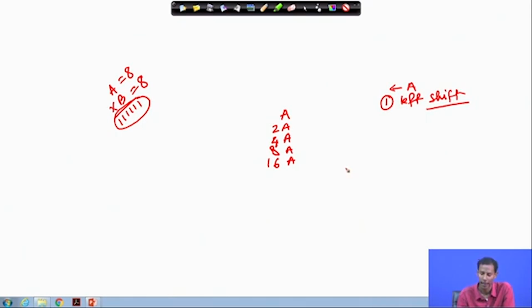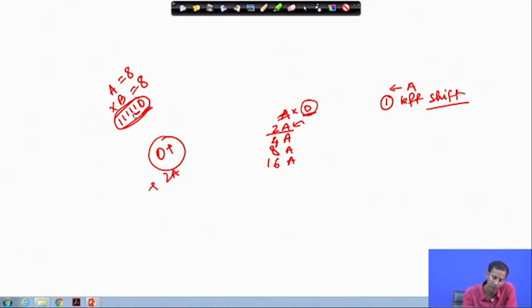If any of these bits is 0, it will not consider A, it will choose 0. So for this particular case, initially it will not be A, it will be 0, and in the next, if it is 1, I have to get 2A, and that will come to the adder. That means this 0 will come first, then that will be added with 2A.